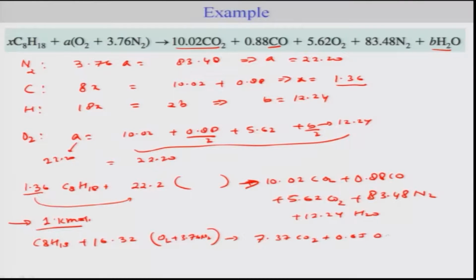So this becomes your basis with respect to 1 kilomole.